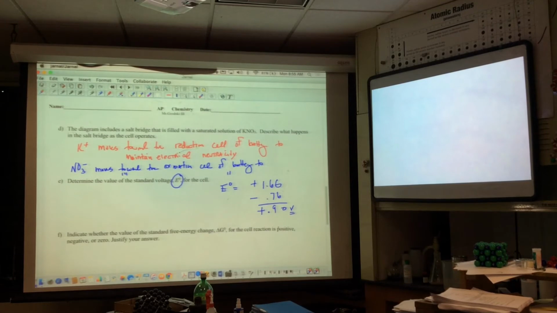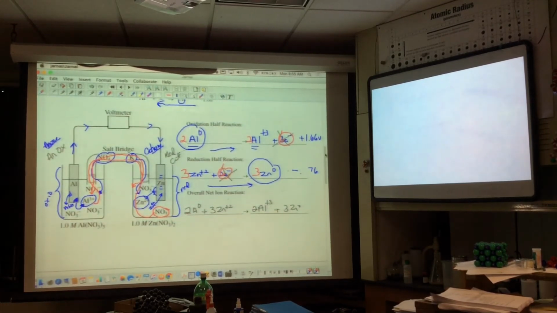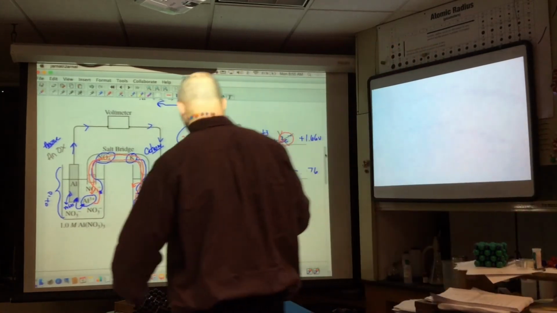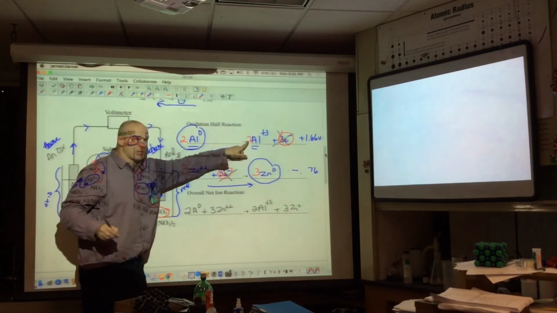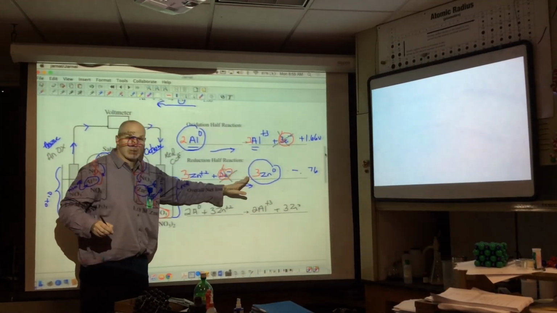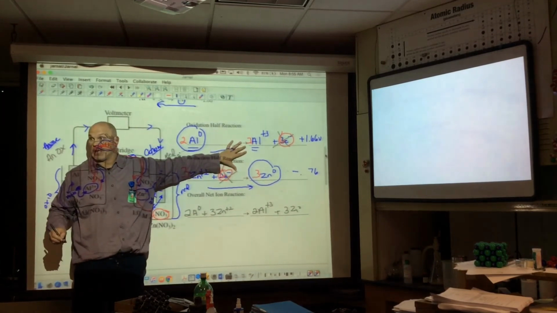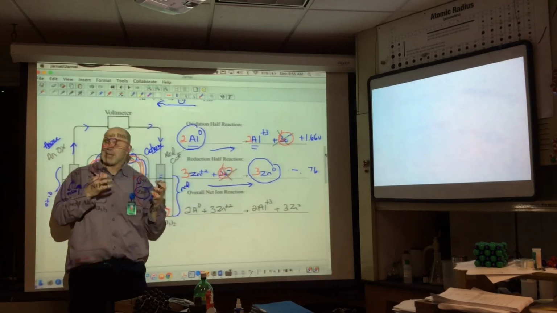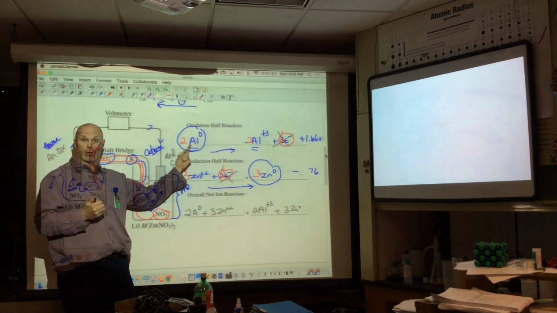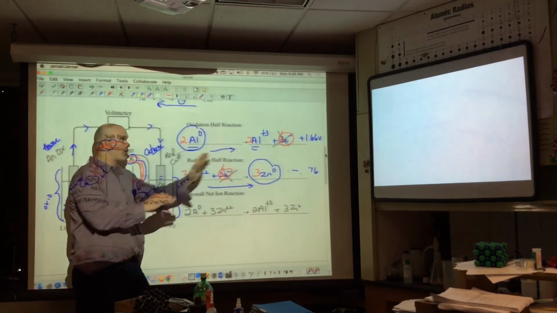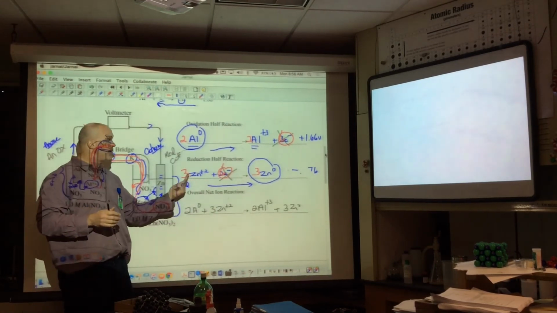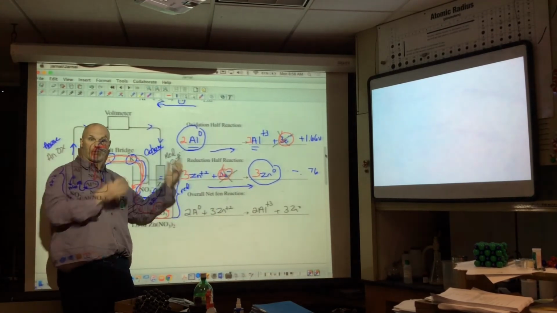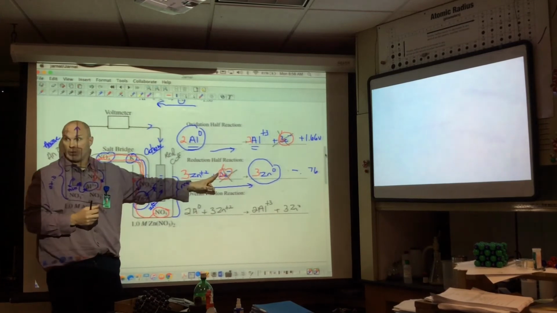All right? Now, one thing I will say as a reminder, do not take this voltage and times it by 2, times it by 3. Do not do that. A voltage is nothing more than a potential difference of charge based upon the ability of that chemical to push charge or get oxidized, based upon this chemical to pull charge and get reduced.